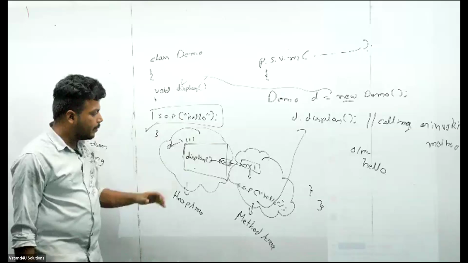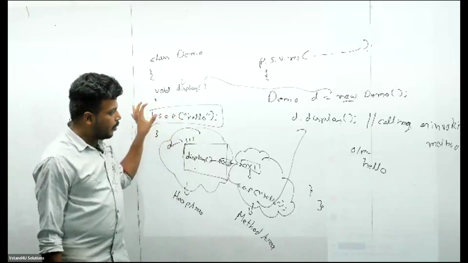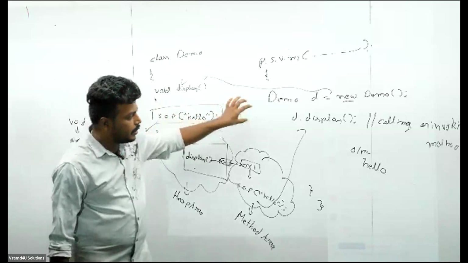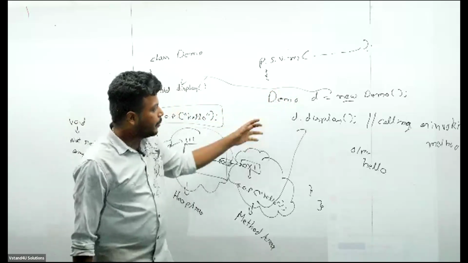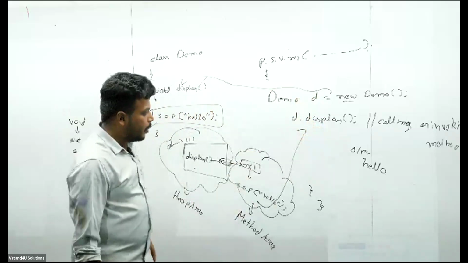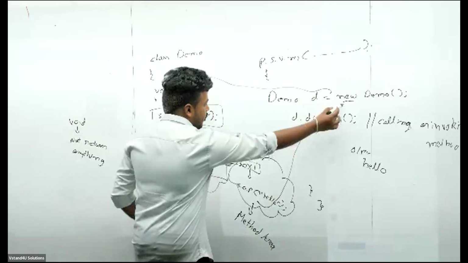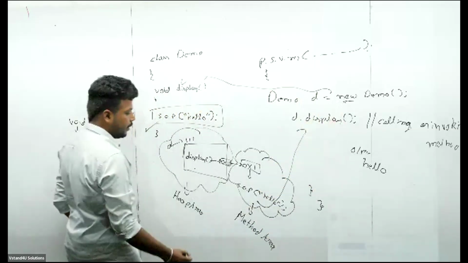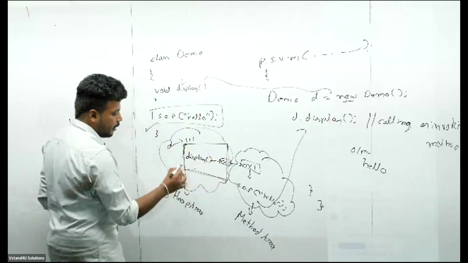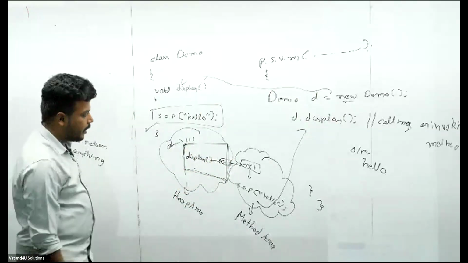Now if I want to print this statement, I need to declare the object. For that, I'm declaring the object and calling the method. Once you use the new operator, Java will automatically create one memory space in the heap area.